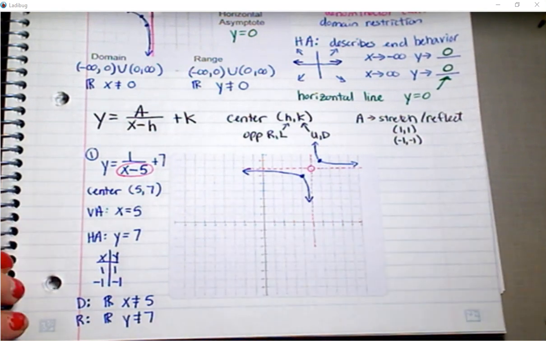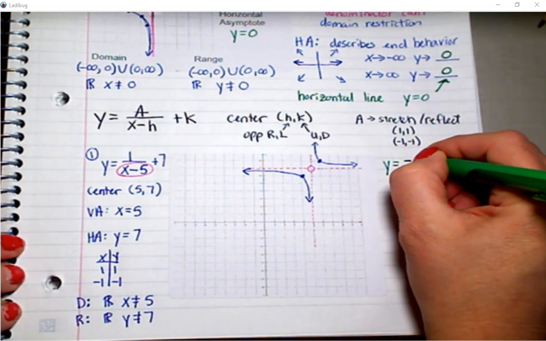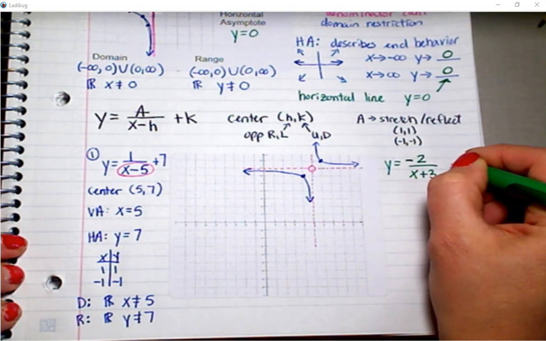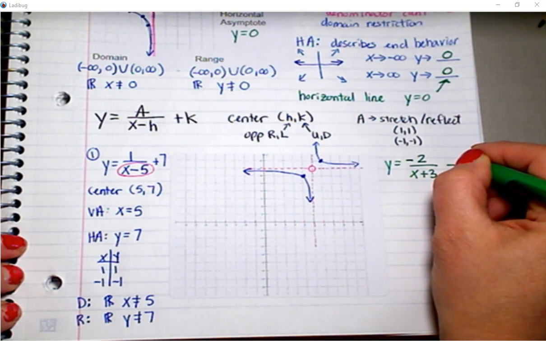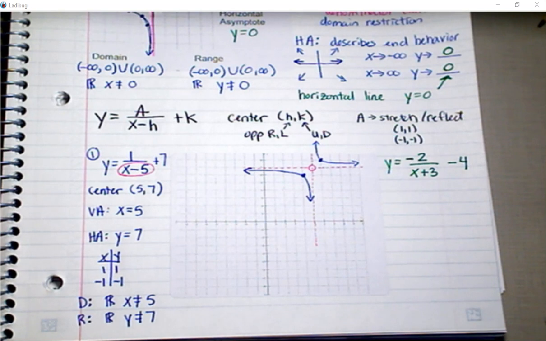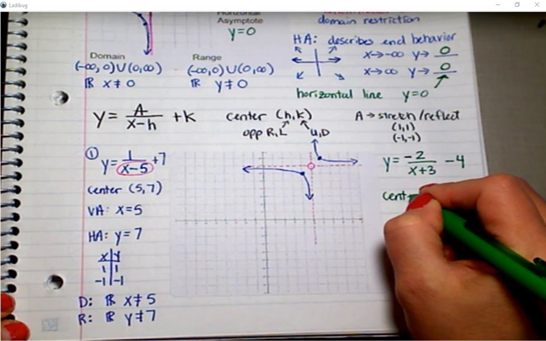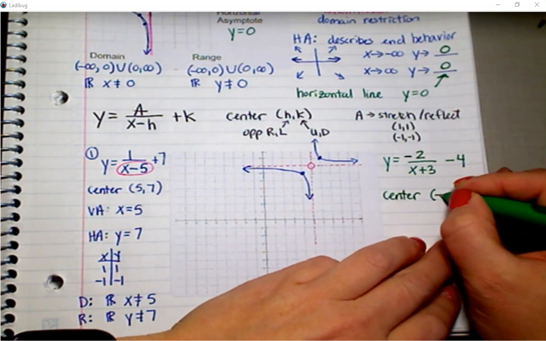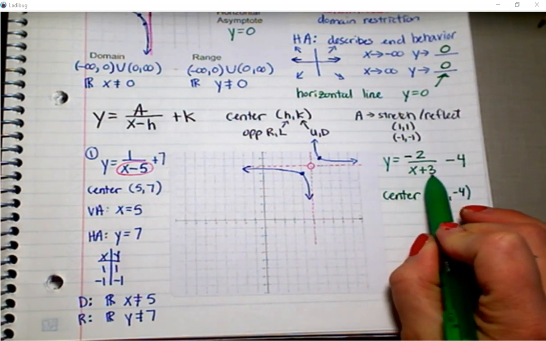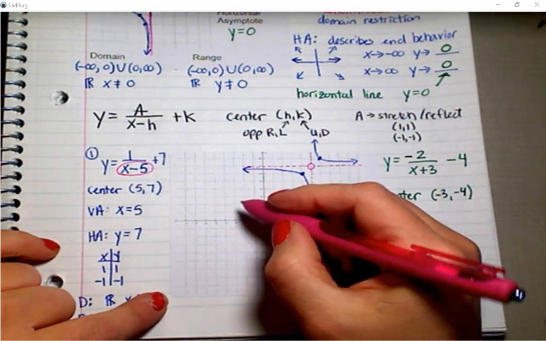All right, this time we're going to add an a value. y equals negative 2 over x plus 3, minus 4. The center is at negative 3, negative 4. Opposite, same. So I'm going to mark my center.